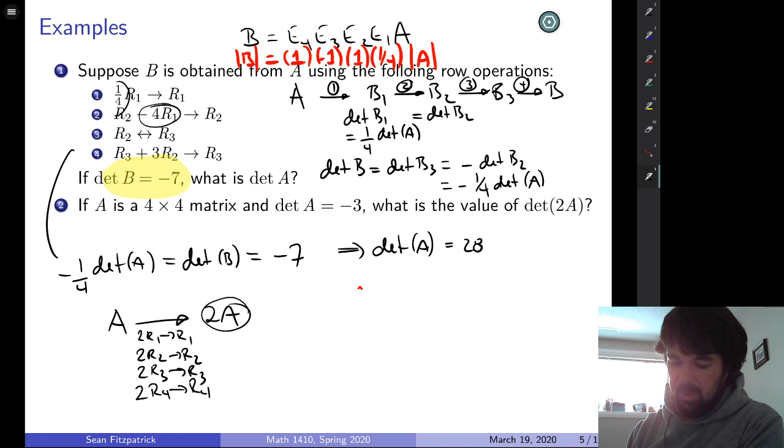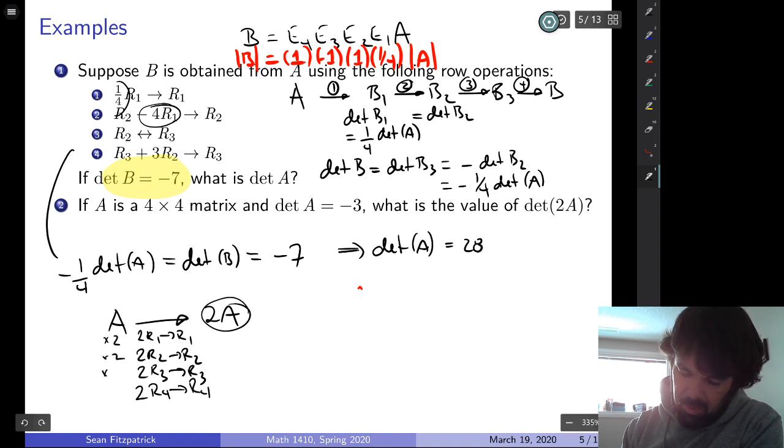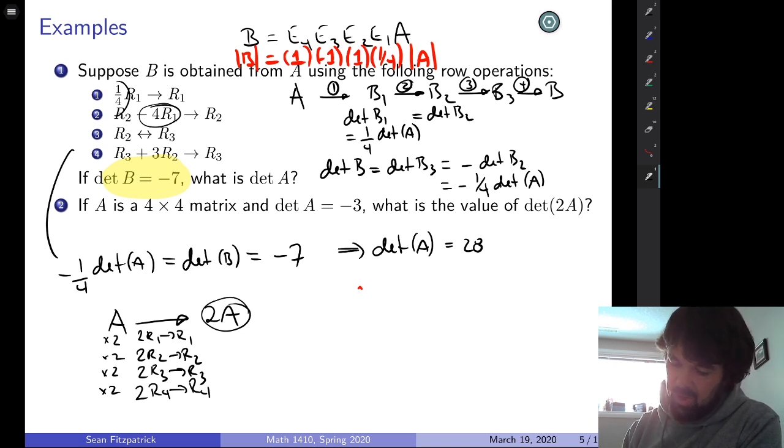Every time you multiply a row by a scalar, the determinant gets multiplied by that scalar. So we take the determinant of A, and then we do times 2, times 2, times 2, times 2. We have to double for each of those row operations.